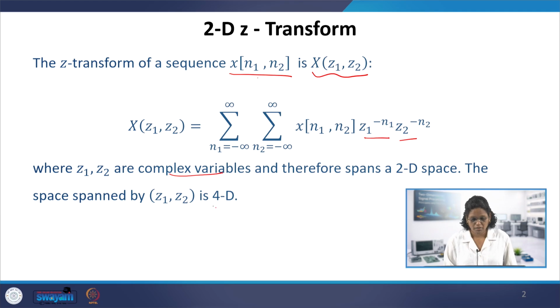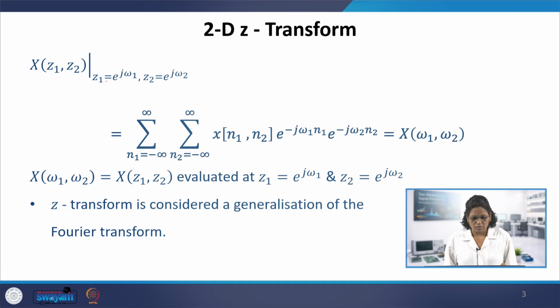So we'll see, in the case of r equal to 1, how this z1, z2 can be visualized in terms of 2D space. With the Z transform of the 2D, X of z1, z2 is evaluated, suppose, at r e power j omega 1 and r e power j omega 2, where r is taken as 1 here. So z1 equals e power j omega 1 and z2 equals e power j omega 2.